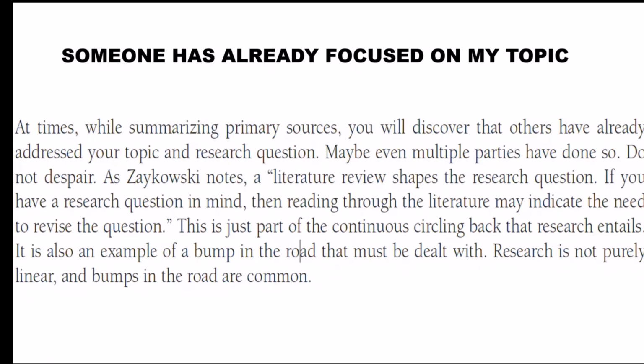If you have a research question in mind, then reading through the literature may indicate the need to revise the question. This is just part of the continuous cycling back that research entails, because research is an iterative process. It is a to and fro process, until you put a full stop and you do that executive summary or an abstract. It is also an example of a bump.